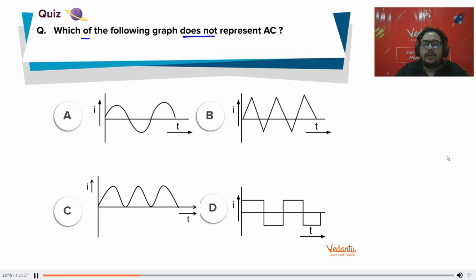Which of the following graph does not represent AC? I will give you 30 seconds to look at the options and then we will vote.